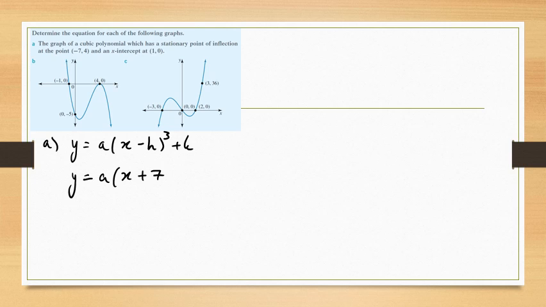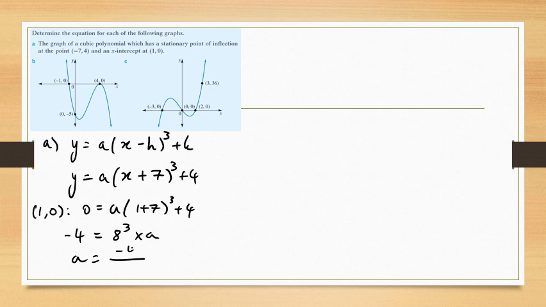So it's a(x + 7) cubed + 4. Then put in the other point that you're given. Simplify it. So what do we have? 8 cubed. So that's -4. I shouldn't skip steps. So -4 equals 8 cubed times a.